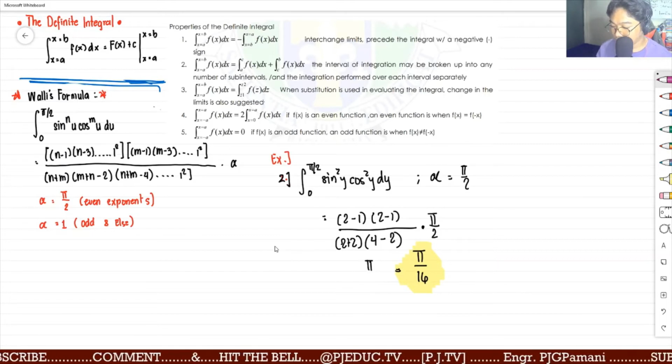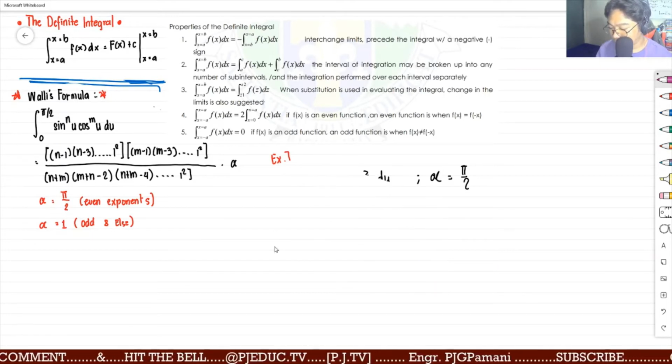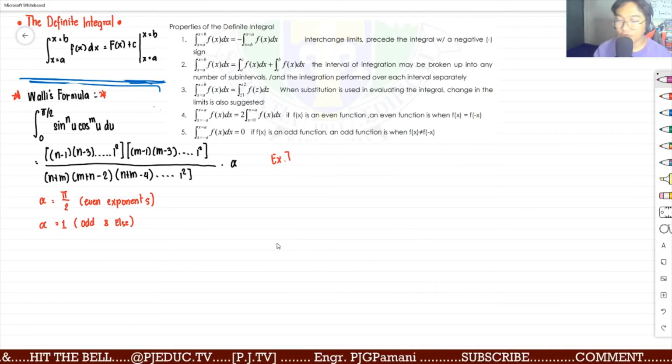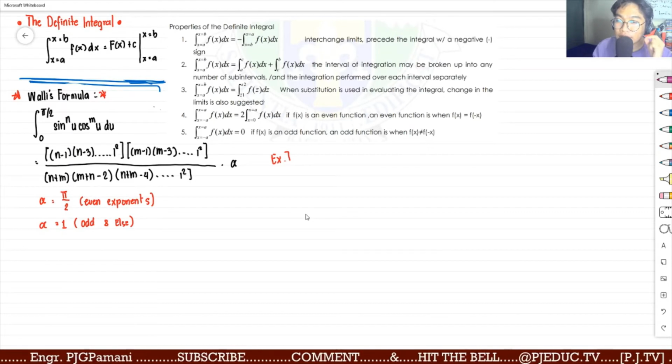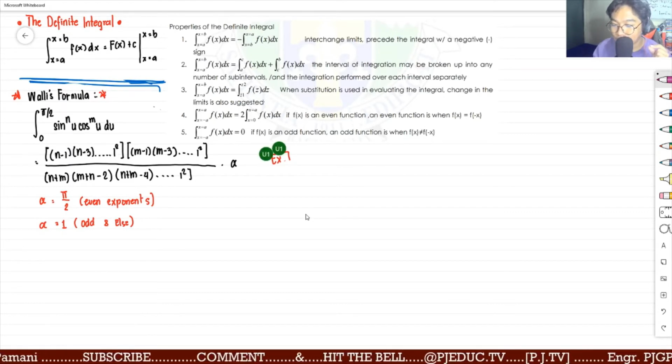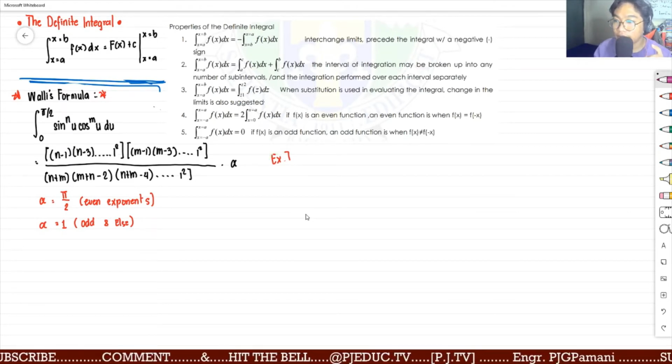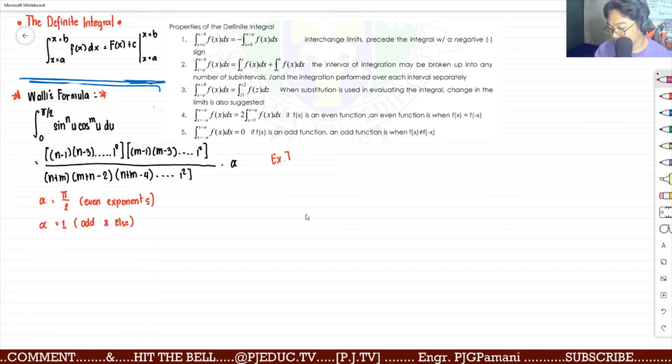Now, in continuation to our examples for definite integral, what if you're now given a definite integrand that is in need of using substitution, using trigonometric substitution, such as the example shown here.